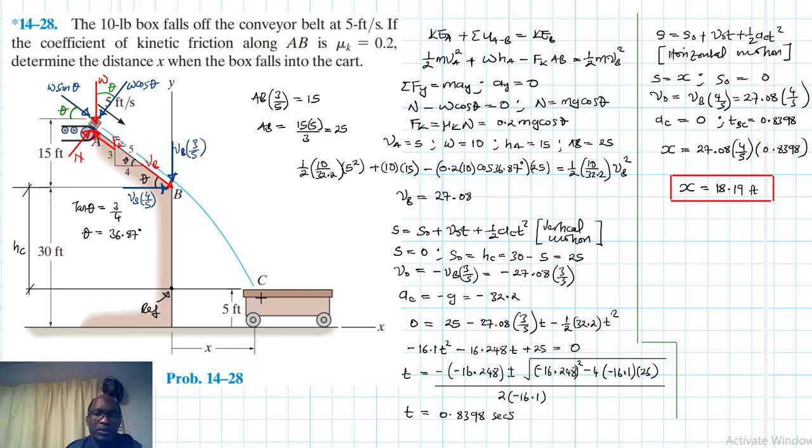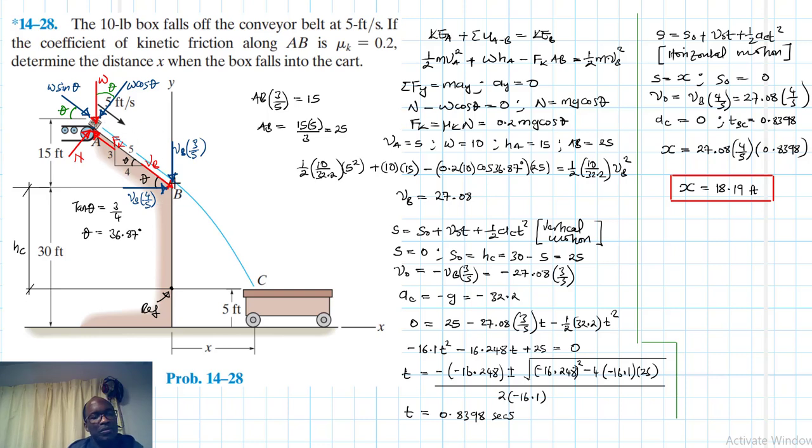If you wanted to find this velocity here, you can use the work and energy principle. All right, from B, this point B here, or from A if you want. If you want from A, you consider the whole distance 15 and HC, but then you need to take into account the effect of work done by friction.